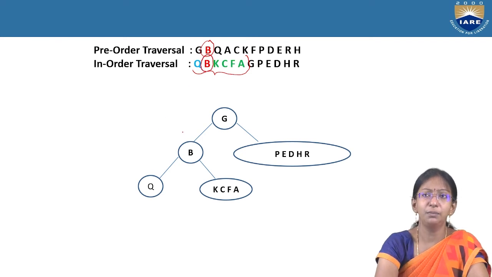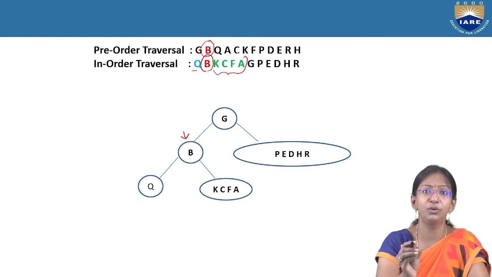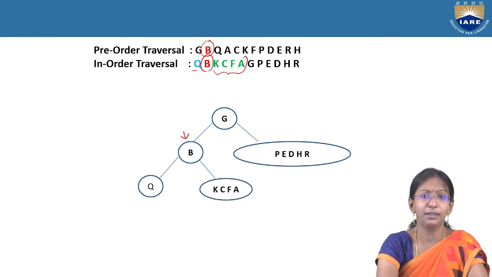So B is the element which is going to head the left subtree of G. What are all the elements that are present to the left of B? They will be the left child of B, whereas all the elements which are to the right of B. Guys, remember G acts as a boundary, because we already know that G is the root of the final binary tree. So K, C, F, A will be the part of the right subtree of B.